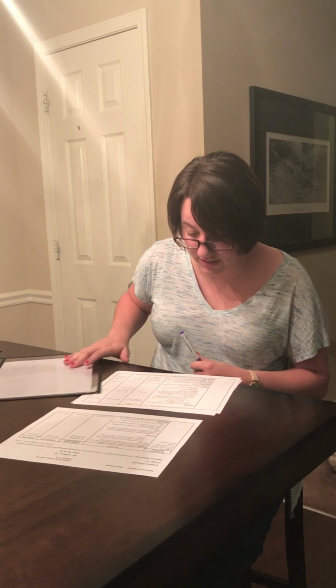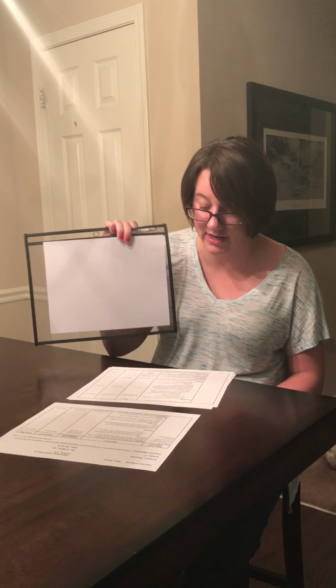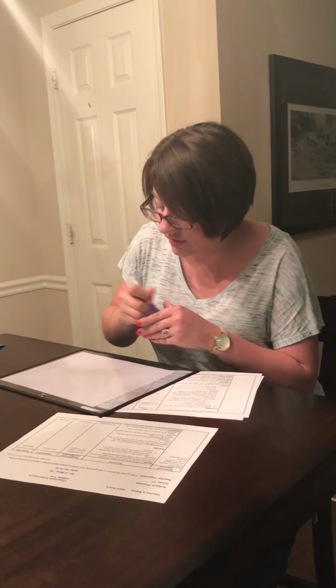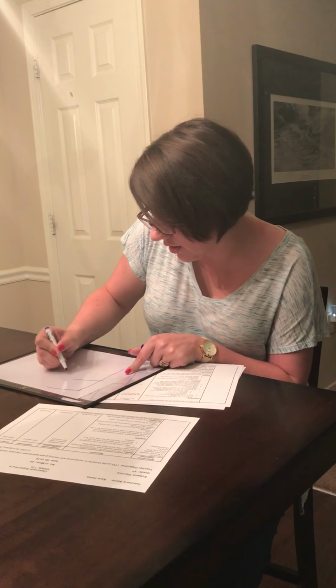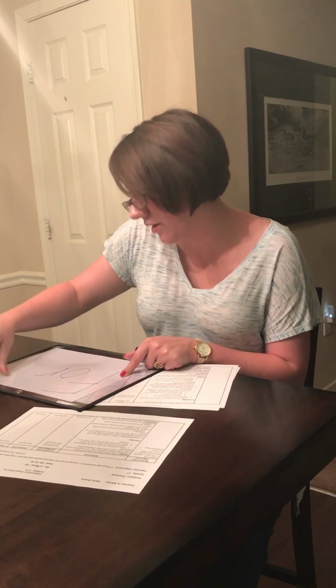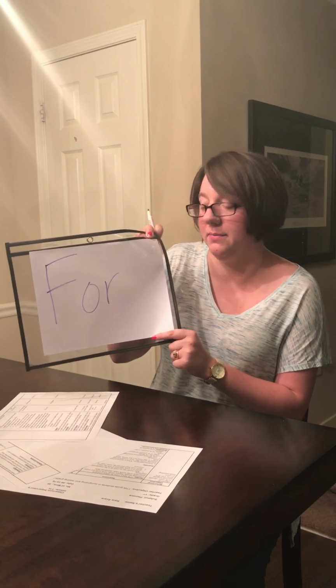I'll choose a word that we learned yesterday as a review, and then I will give the instruction. I will write the word as big as I can on my board, so each student could participate. You have the word written really large for the students to see, and then they can mimic you.